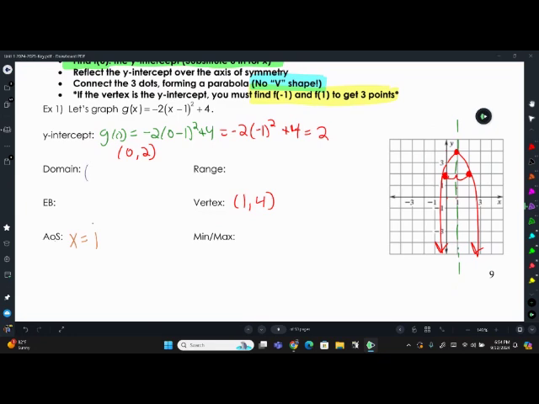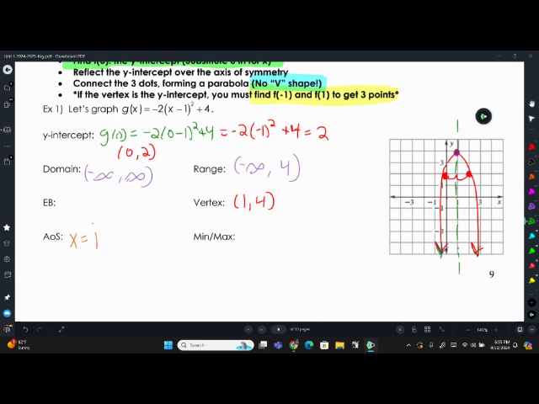Our domain is -infinity, infinity. The range on this one, remember that's your y values going up and down. Well, the arrows are going downwards, so our smallest y value is -infinity, and the largest y value occurs right here at the vertex of 4. End behavior.